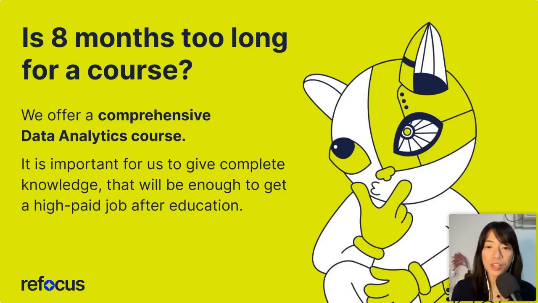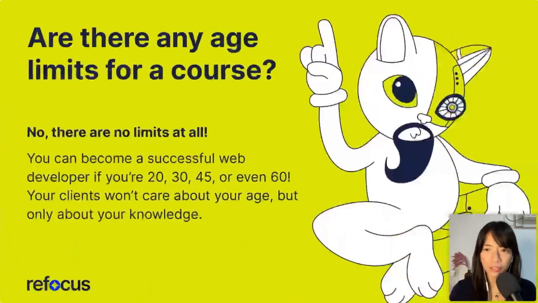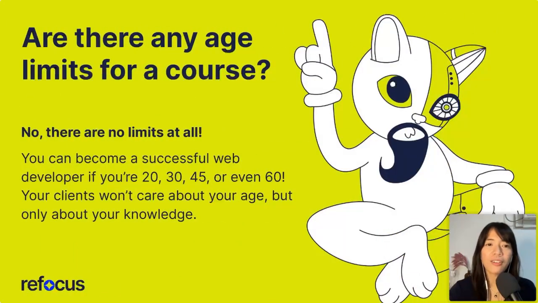We want you to be confident enough in your skills so that when you step out of the Refocus course, we are very sure that you will get that job. We're very sure that you will satisfy companies, especially those that are foreign based, if this is something that you are looking for.